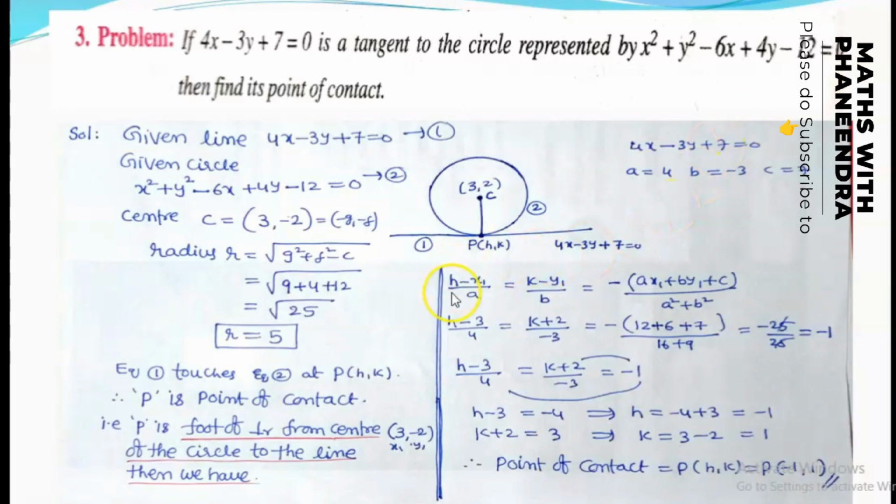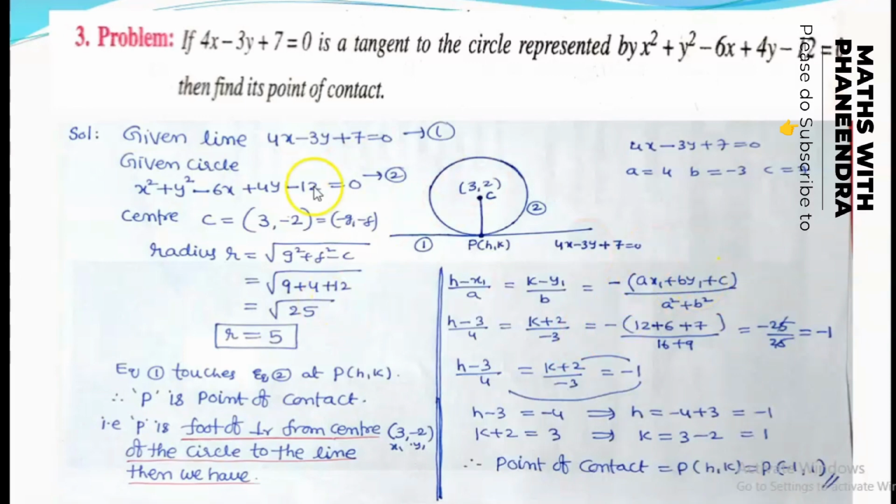Now apply the foot of the perpendicular formula. h minus x1, where x1 value is 3, by a, whose value is 4. k minus y1, where y1 value is minus 2, so minus of minus 2 is plus 2, divided by b value, which is minus 3, equal to minus of ax1 plus by1 plus c.